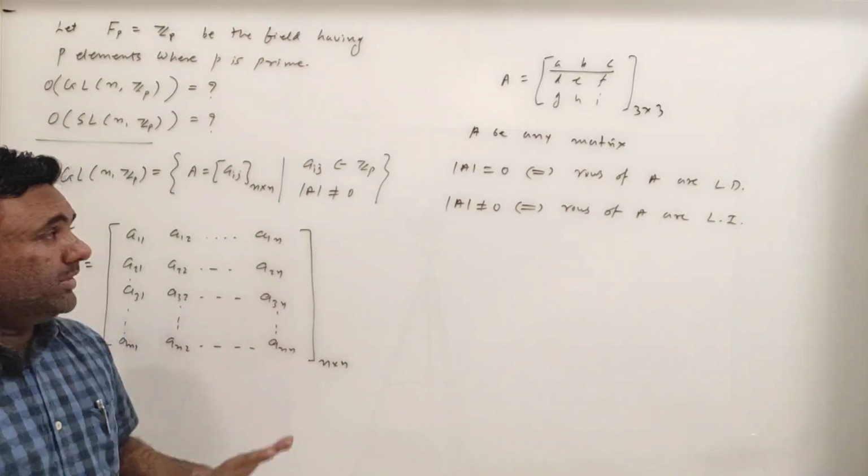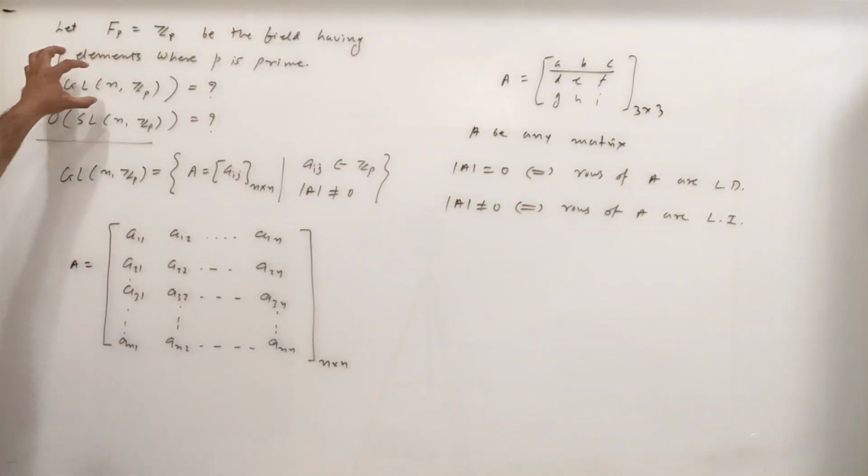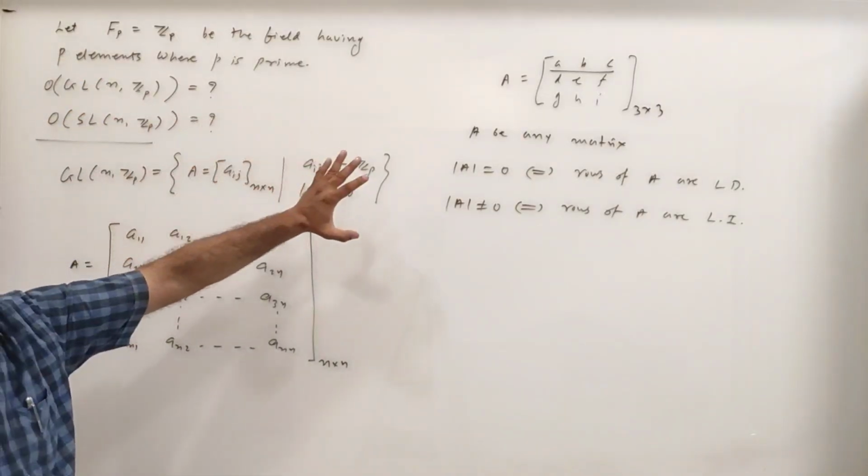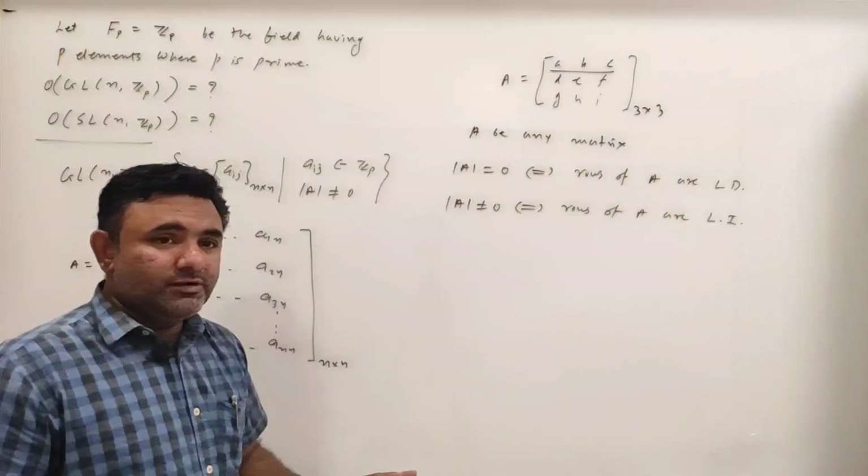That is one milestone toward counting the number of elements in GL_n(Zp). I hope up to here it is clear.